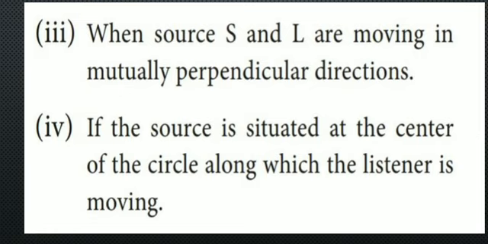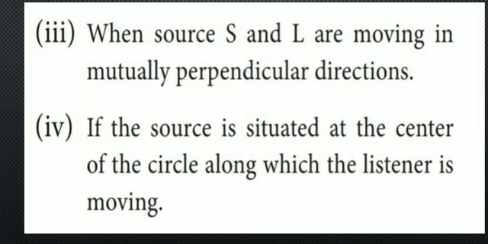Suppose one person, the source, is moving towards north and the listener is moving towards east or west. So the angle between north and east or west is 90 degrees. So imagine that, due to this there is no Doppler effect.